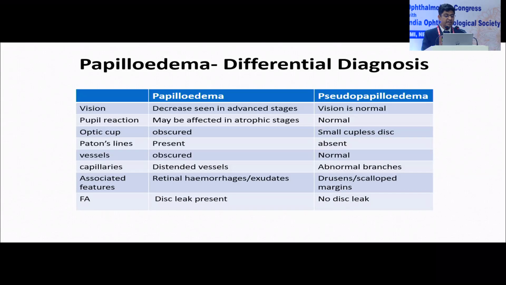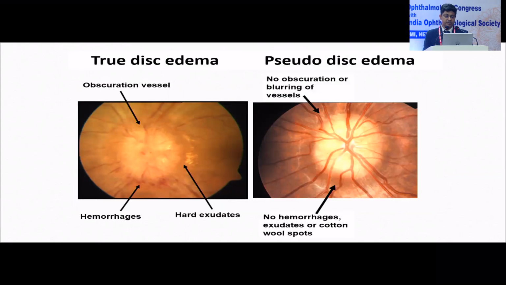So you need to be very careful. The cup is obscured, the vessels have to be obscured, and whenever in doubt, follow up the child after a week or so. If it's progressing, you are going to see an increase in the blurriness and an increase in the obscurations. So you can classically see the difference.